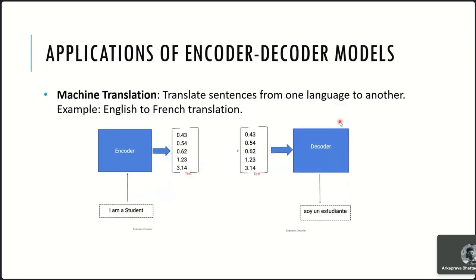Now the machine translation example: I am a student, and I want to convert it into French. After encoding, I get these values from the encoder. These are the context vector values, and they are fed inside the decoder.